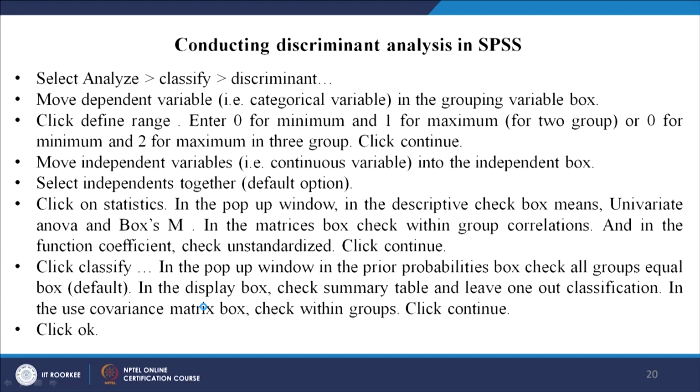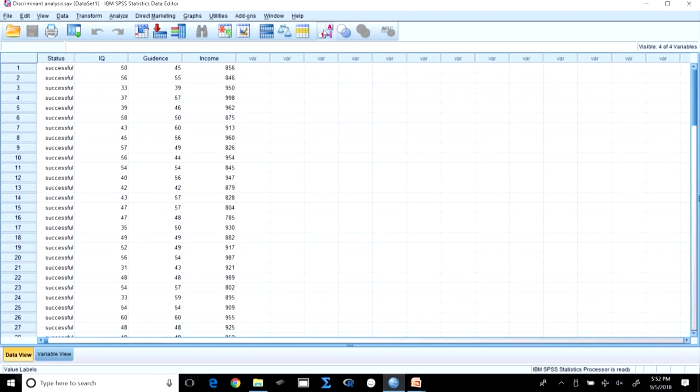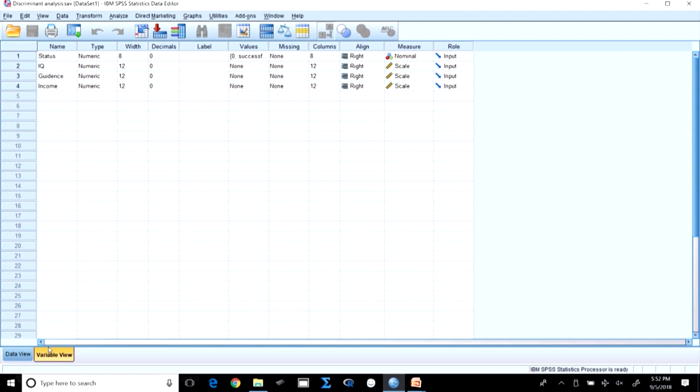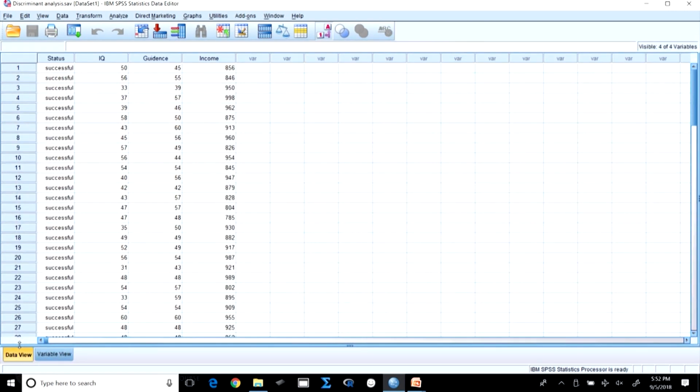Now, how do you conduct the discriminant analysis? For this example, move the dependent variable into the grouping variable. So, let us go to the slide straight away. This is a model where I will show you. There are two cases; if you go to the variable view, there is the status of people who are successful and unsuccessful, right, the level of IQ they have, the level of guidance given to them, and the income of these people, the family income or something.